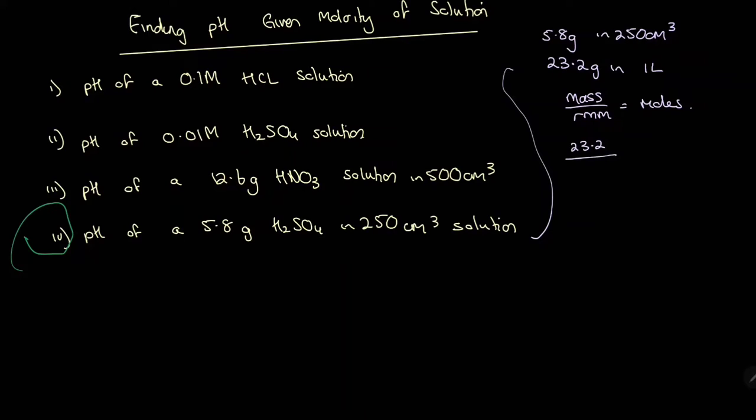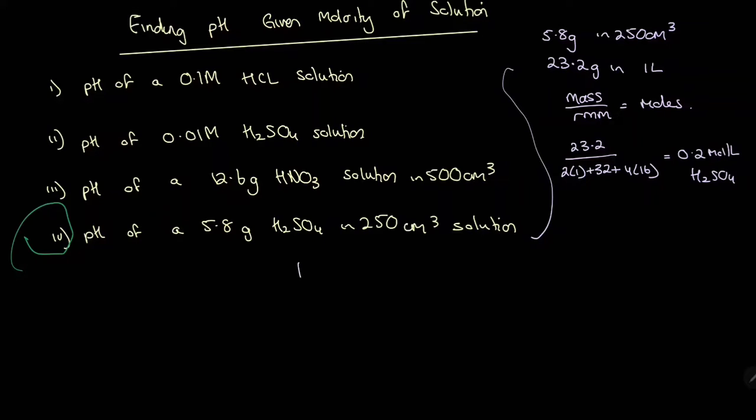So 23.2 over H2SO4, which is 2 times the 1 for hydrogen, a 32 for the sulfur, and 4 times 16 for all of the oxygens. And that is going to give us a molarity of 0.2 moles per litre for the sulfuric acid.